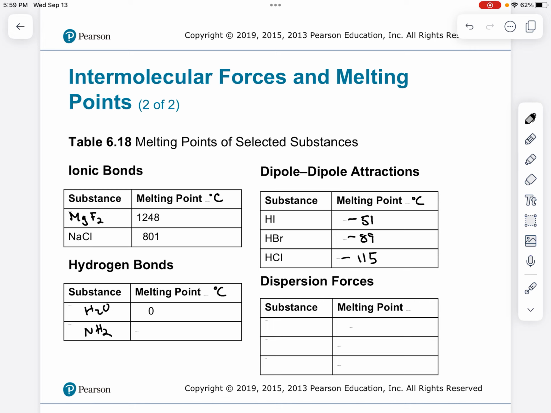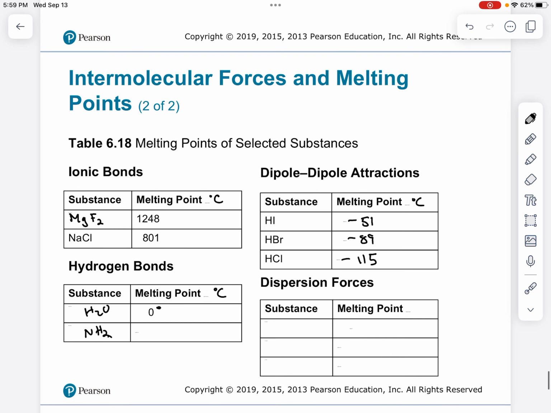The melting point for water is 0 degrees C, and for ammonia is minus 78. Nitrogen-containing hydrogen bonds are weaker than those with oxygens.